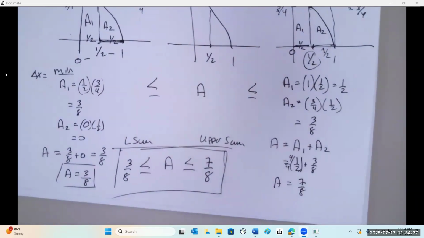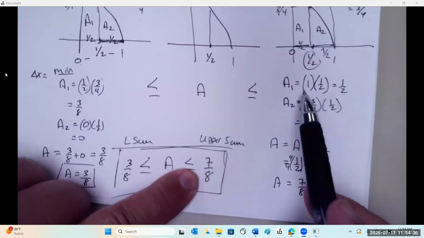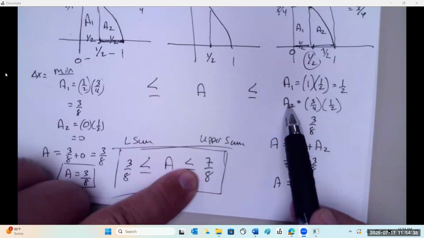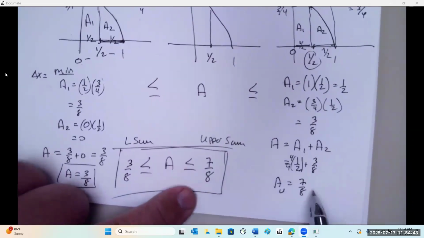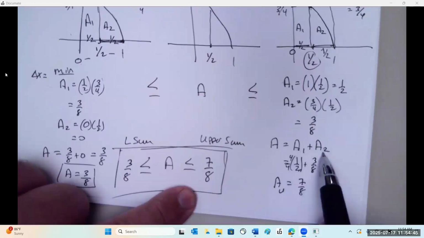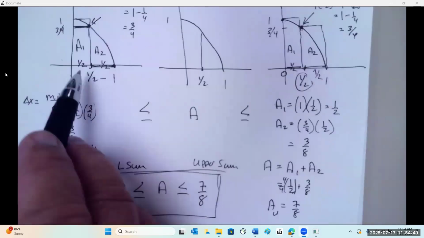Okay, why do I call it upper sum and lower sum? How do we find the area for the upper number? We added A1 plus A2. So the right-hand number is made up of adding up those two numbers. So it's the upper sum. The lower sum is made up of adding these two numbers together.